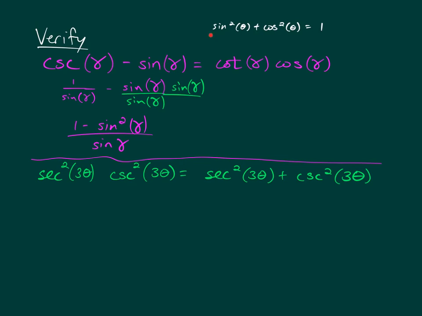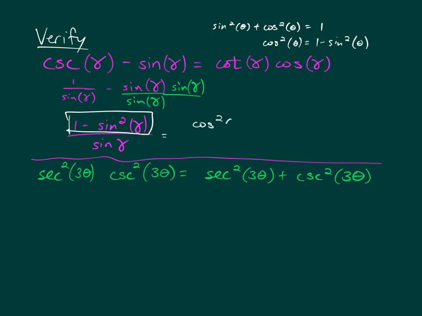I have the Pythagorean identity involving sine squared and 1, but this doesn't match with what I have here. So I can manipulate this equation so that I have a 1 minus sine squared theta, and that means I will just subtract sine squared theta from both sides. So cosine squared theta equals 1 minus sine squared theta.